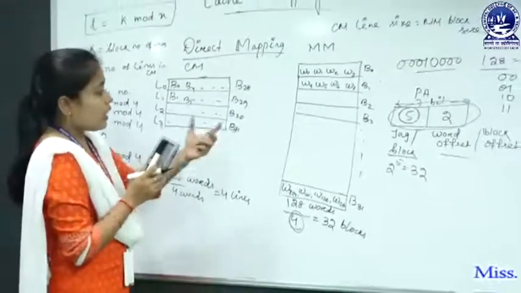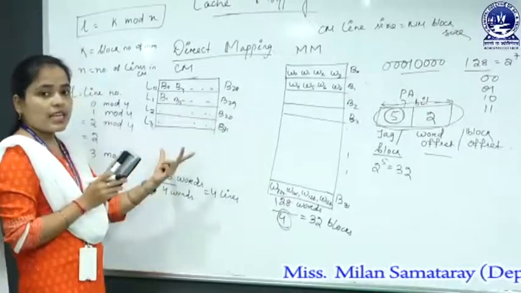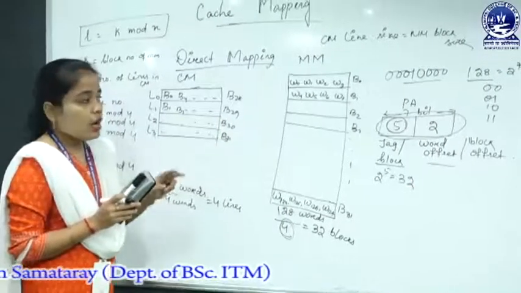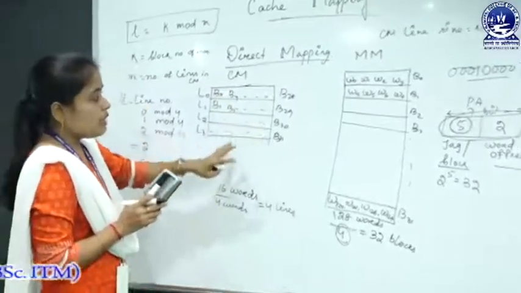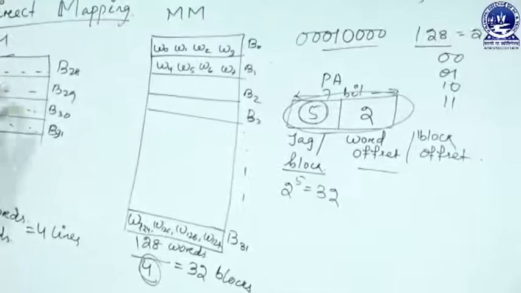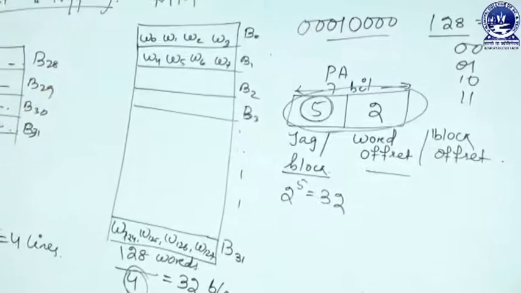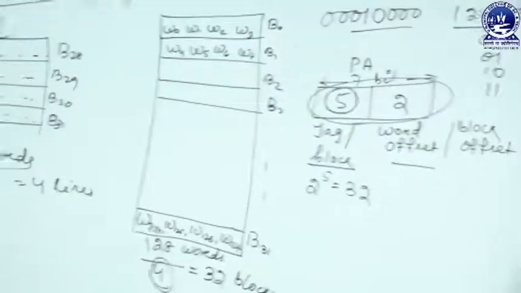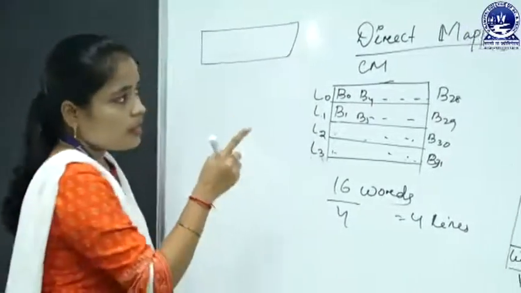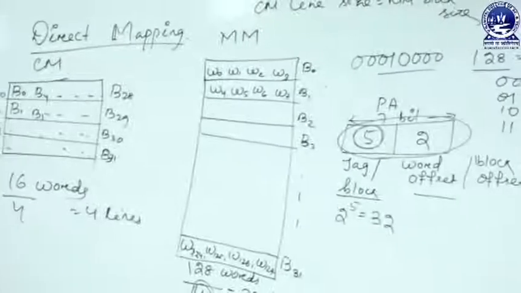Because actually blocks are in the cache memory, but the CPU generates the address. So how will it get the blocks from the cache memory by using that physical address? Let's see. As I have told you, the line size is equal to the block size.